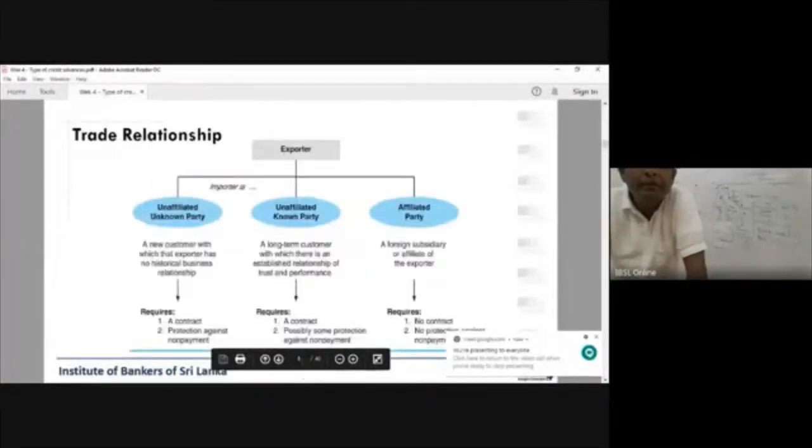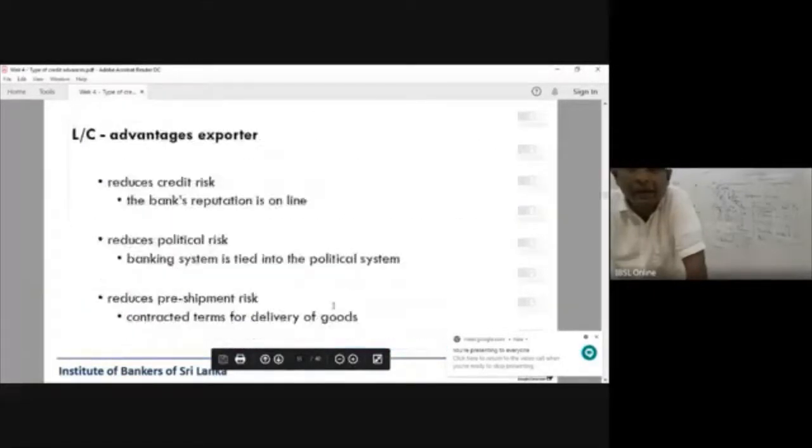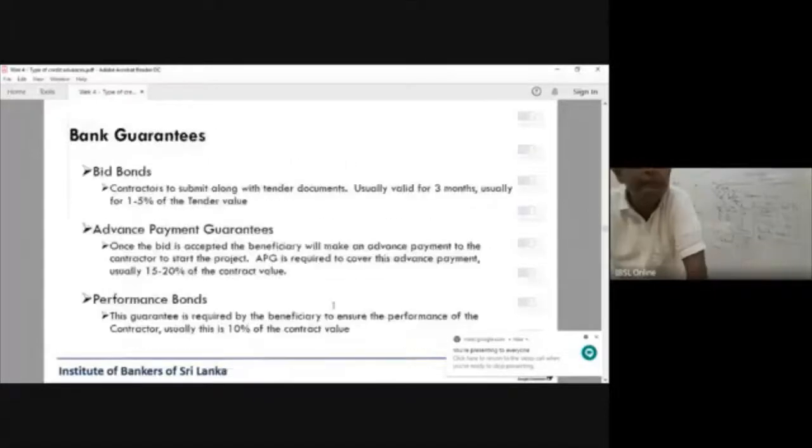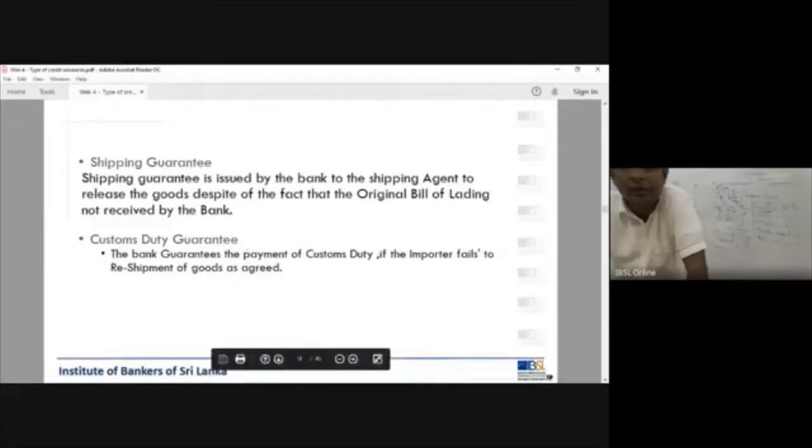This one, right? We have a contract, possibly some protection, right? I cleared this one. I'll come to this. I forgot to tell you that. I'll tell you.